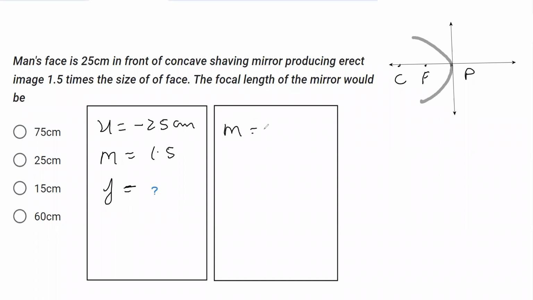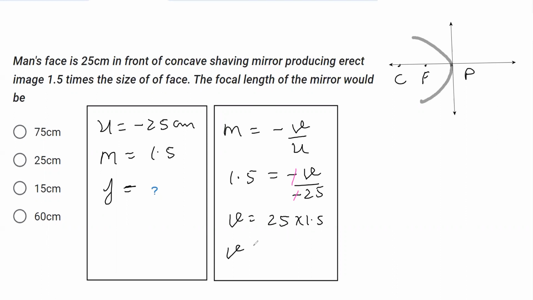So magnification M is equal to minus V upon U. It is true for all mirrors. Now M is 1.5, V is not given here, U is minus 25. So we can reduce this sign and turn out V as 25 multiplied by 1.5.